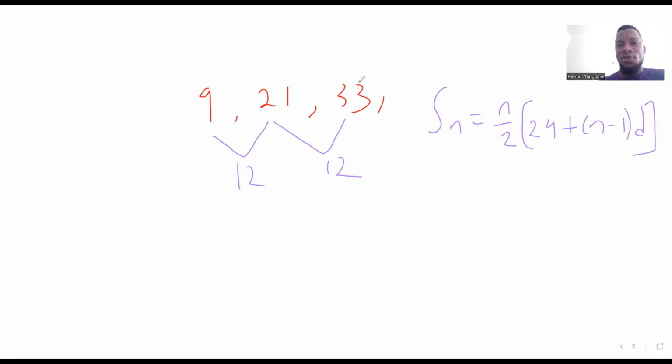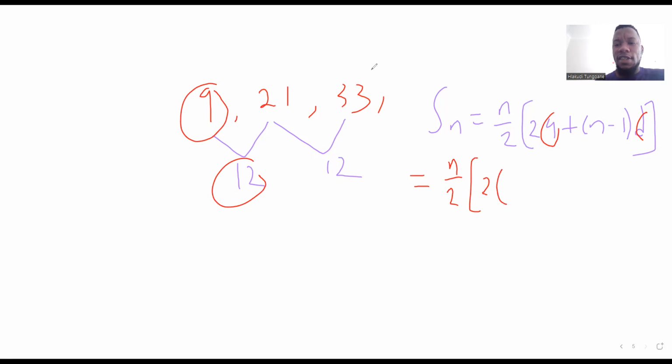So we need to substitute values for a and d. Remember, a is the first term in the sequence and d is the constant difference. So if we substitute that into the Sn formula, you have n over 2 times (2 times 9, plus (n minus 1) times 12). What's a? 9. What's d? d is 12.